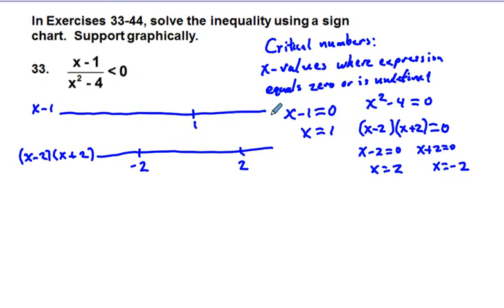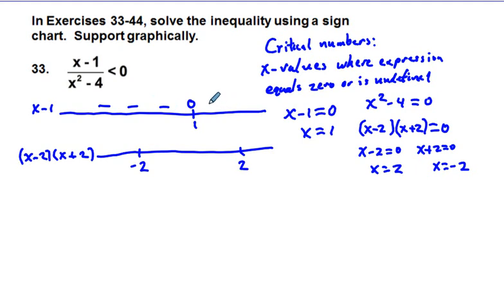We should know that at x equals 1, the value of the numerator is 0, so the value of this expression is 0. And for numbers less than 1, that expression in the numerator is negative. Negative, negative, negative. We're not getting the actual numerical value other than just the sign.